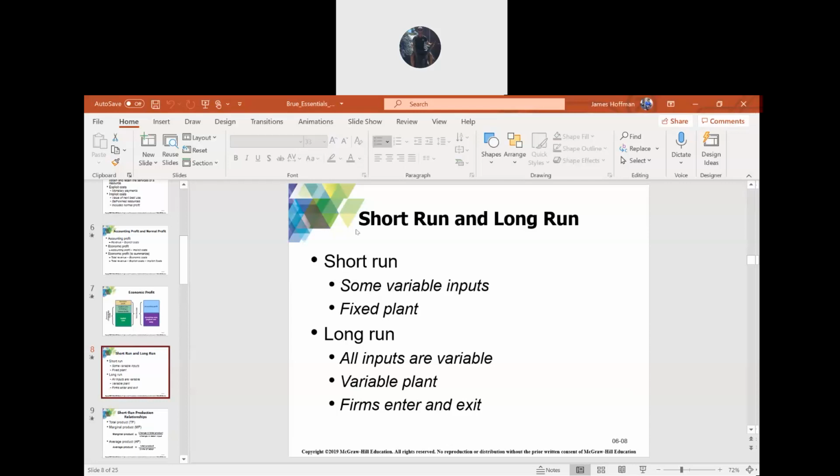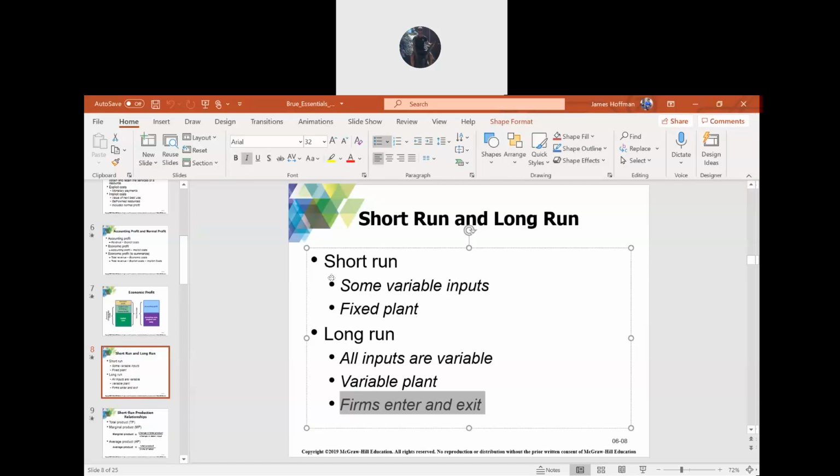So in the long run, all inputs are variable, which includes plants and labor. Okay, and then also in the long run, very importantly, firms can enter and exit. So the only thing that happens in the short run is you can change labor, labor hours, and everything that involves labor. Entry, exit, and plant changes are all occurring in the long run.